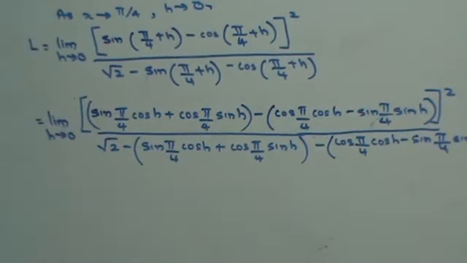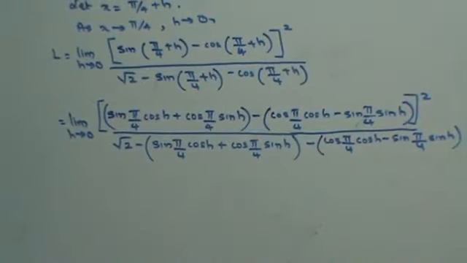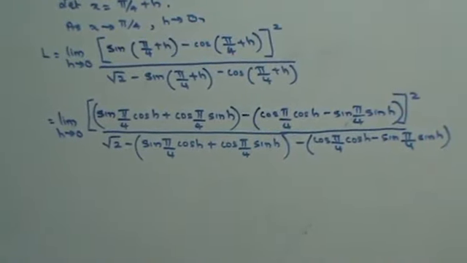Right? Do we get this thing here? Now, pi is 180. 180 divided by 4 is 45.